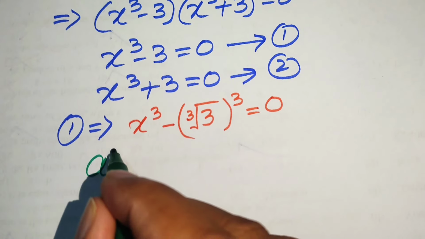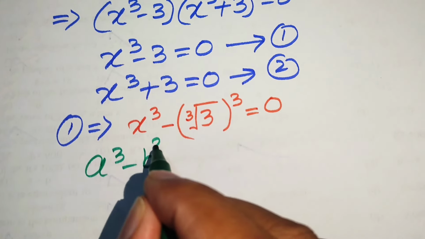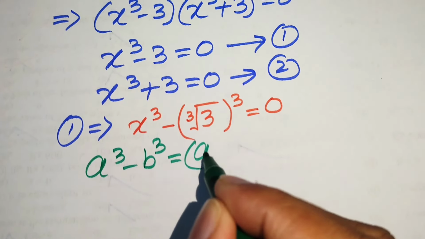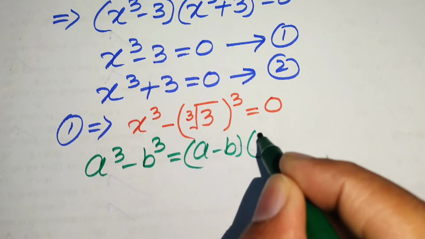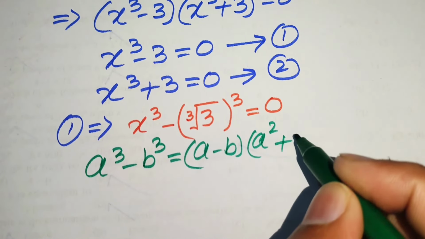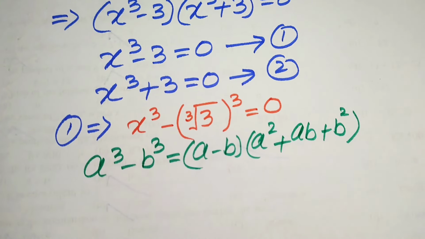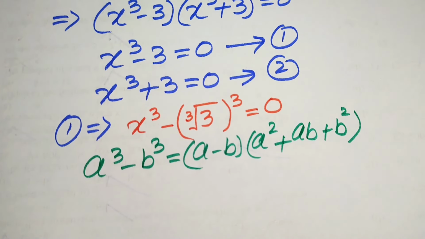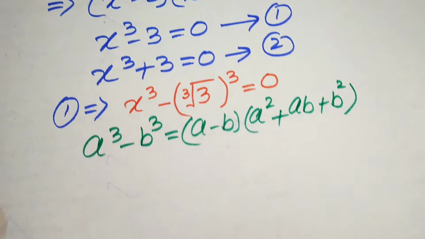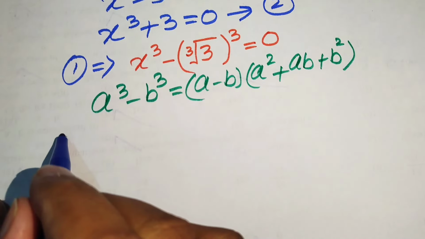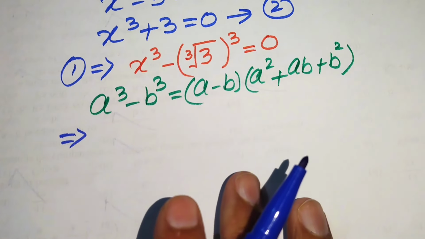If we have a cubed minus b cubed, it is equal to a minus b times a square plus ab plus b square. After that we apply this nice formula to the above equation, so that our equation is written in this form.